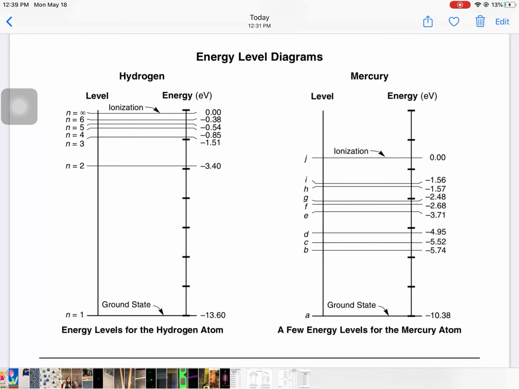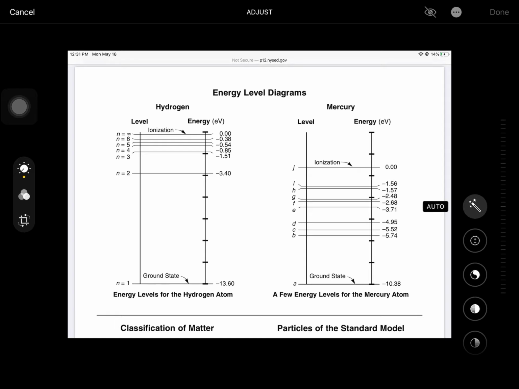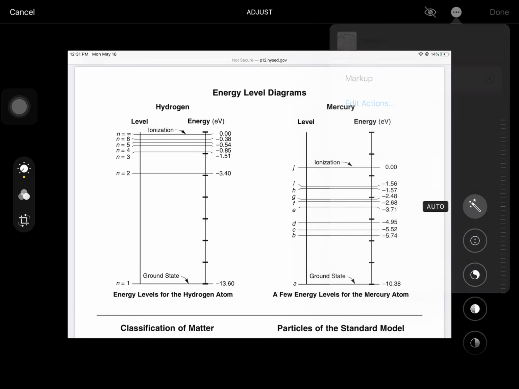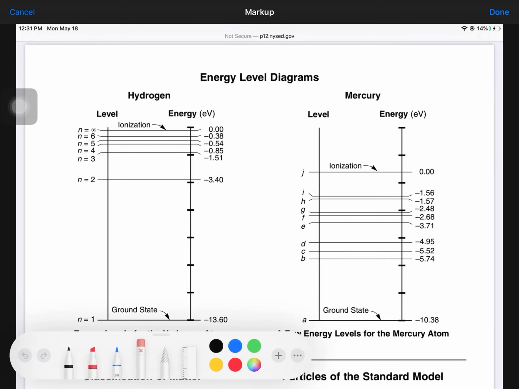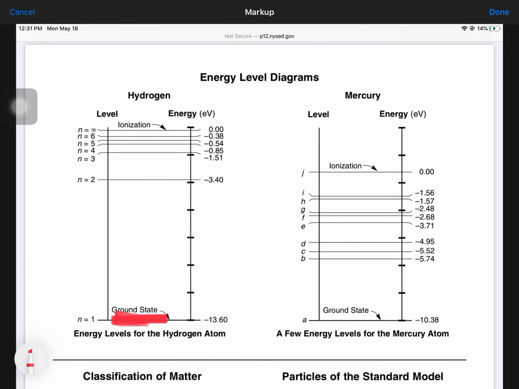So, like we said before, let's see if we can do a little markup on here. Okay. So you start out here down in the ground state. And so that's just a regular relaxed atom.